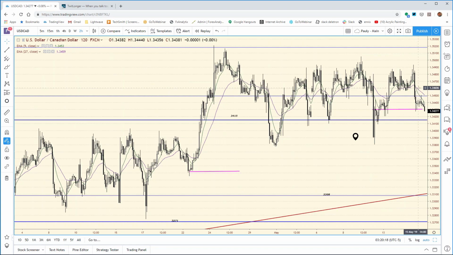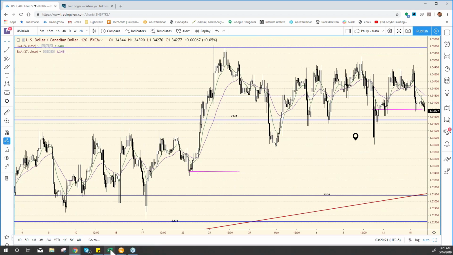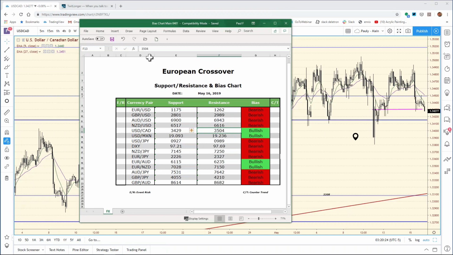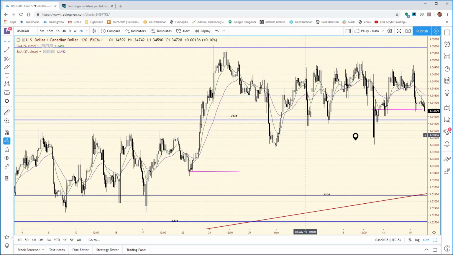Resistance is going to be right there at 34.61. And we'll look for support coming in. Eventually move down here to 33.91 for initial.